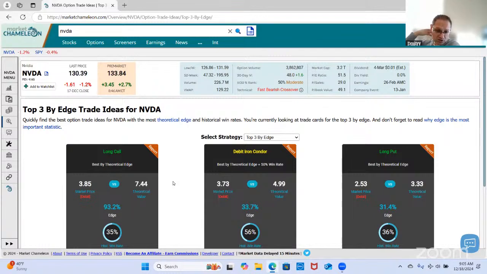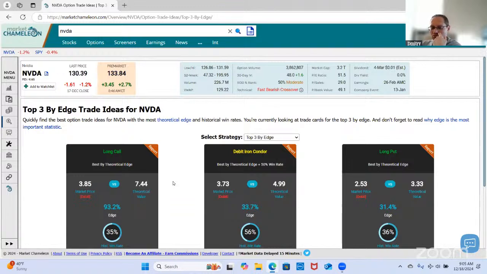So looking at this strategy, of course it could become profitable prior to that, because it still has premium, a delta, and so forth, but that would be if you're held to expiration.